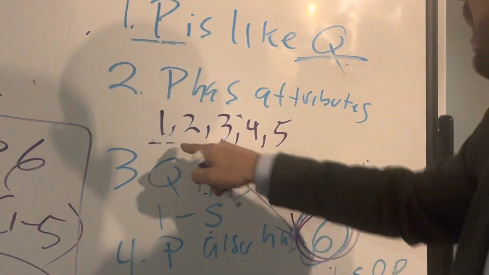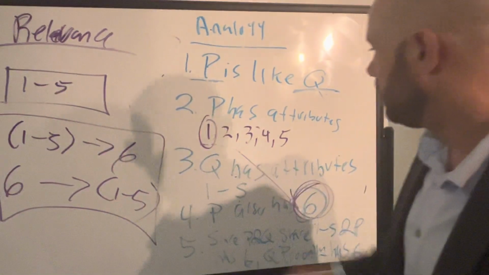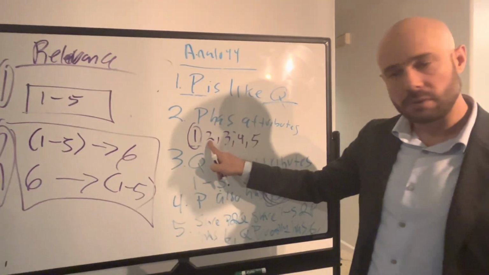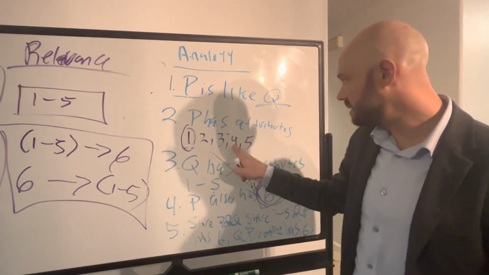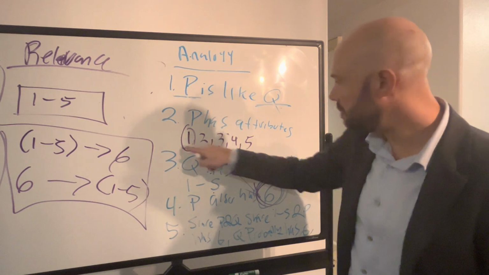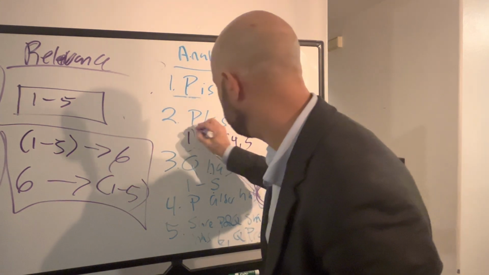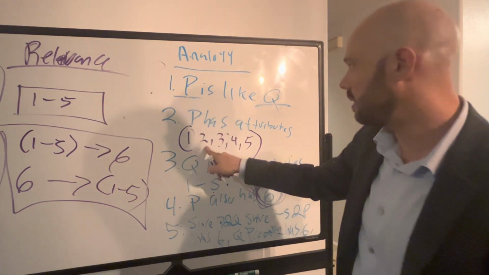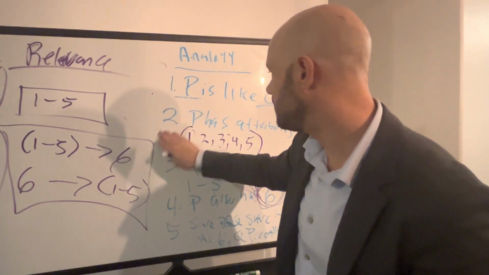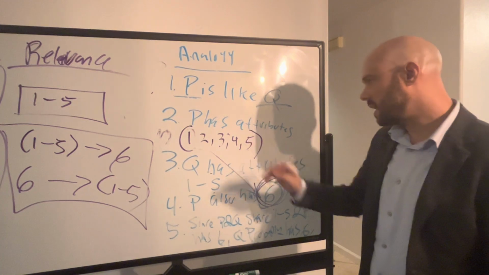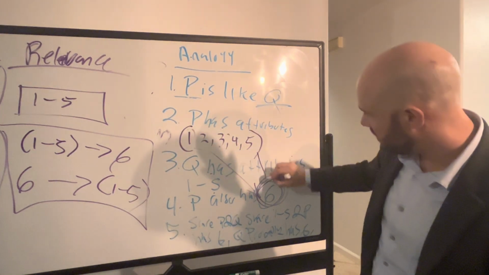But say this attribute needs to be related to this attribute, and this one needs to be related to this one, this one, this one. They need to be relevant to each other, because there has to be something about this set that is relevant to having 6.